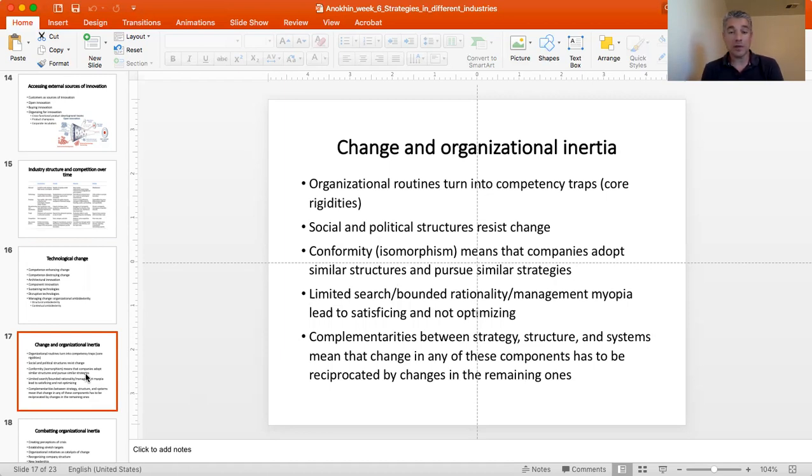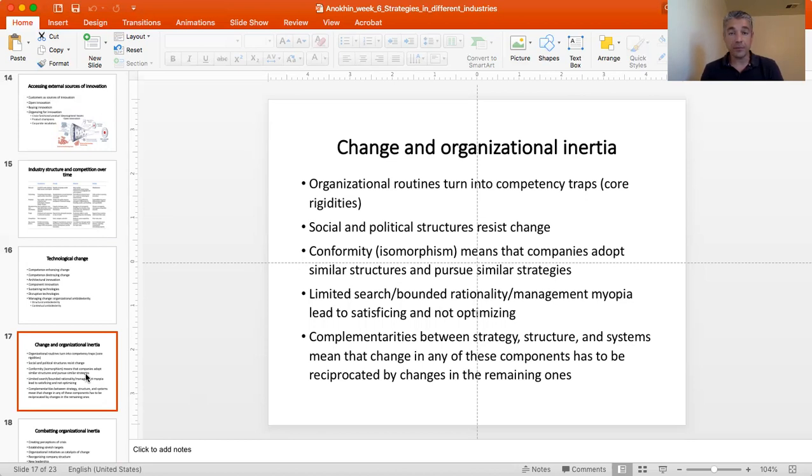And when companies have similar structures, pursue similar strategies, change is even harder, right? So competition tends to switch maybe to the basis of price. You look around, you see that everybody is doing the same. You see no reason for change. So you're shooting yourself in the foot until newcomers come and reorganize the way companies operate in the industry and take away your market from you.